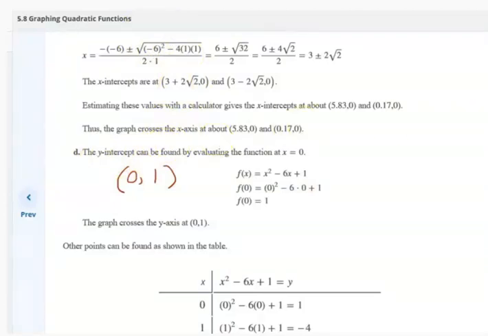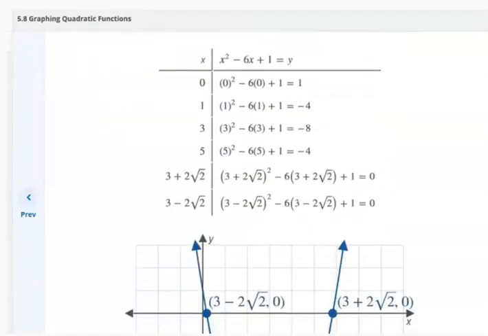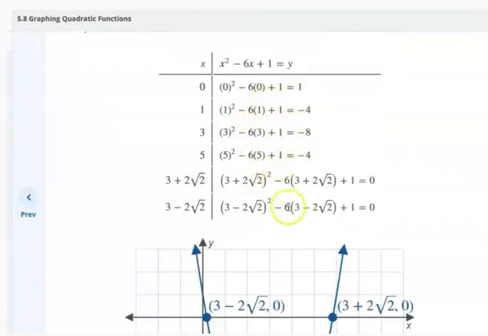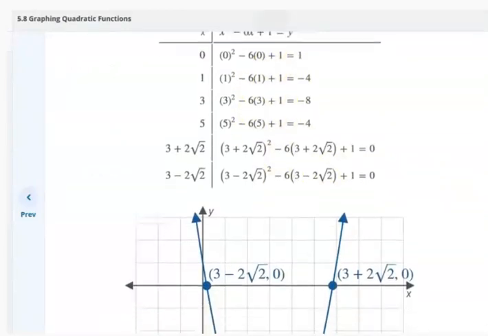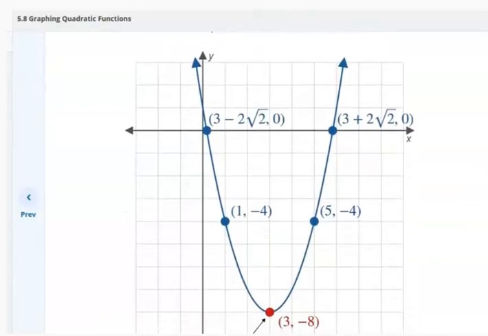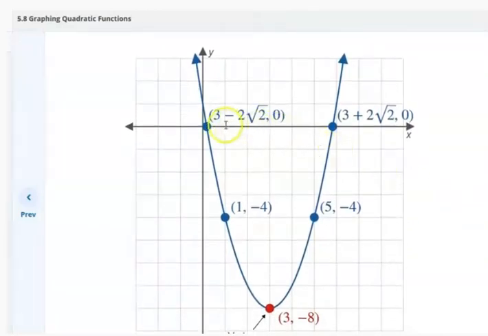Now as you graph this, and we'll clear that up. Again, you use a T-chart, get some points, and you see there is one ordered pair, and there's the 0, and then the other ordered pair, and then there's the 0, and then there's your vertex.